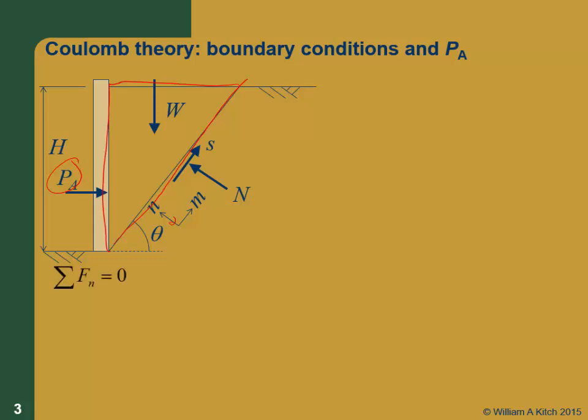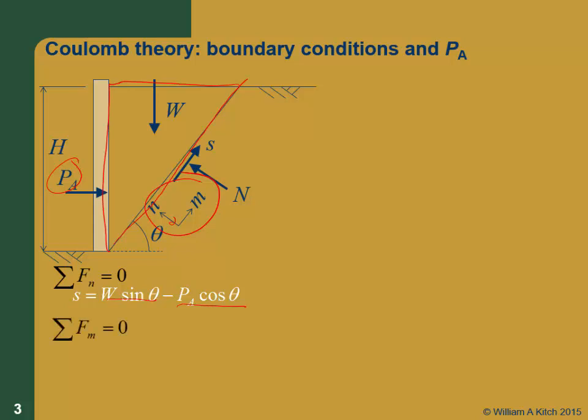So we're going to start by doing a summation of forces, and we'll start in the n direction. So in the n direction, S has got to be equal to W sine theta, that's the proportion of the weight, plus PA cosine. Sorry, that's theta. PA cosine theta. So we're working in this axis system right here.